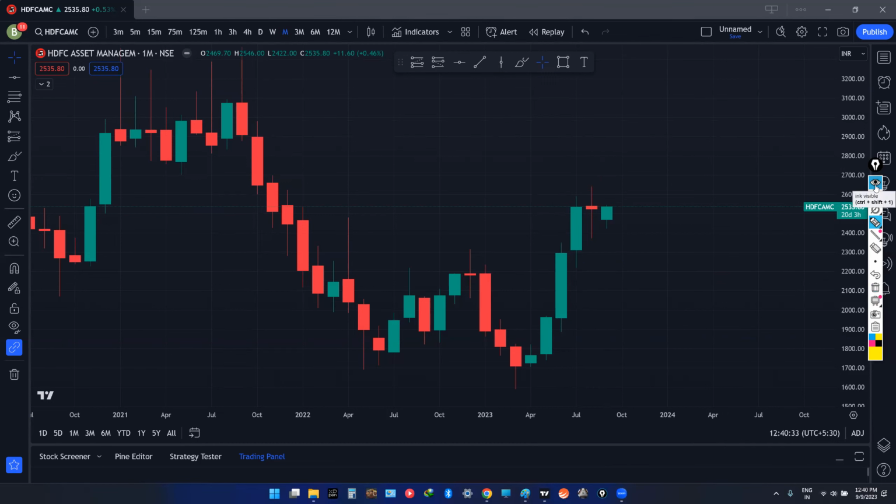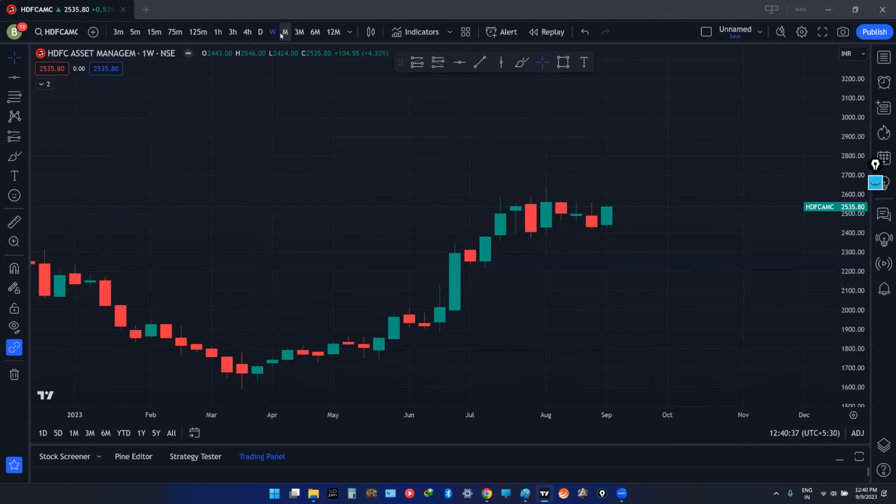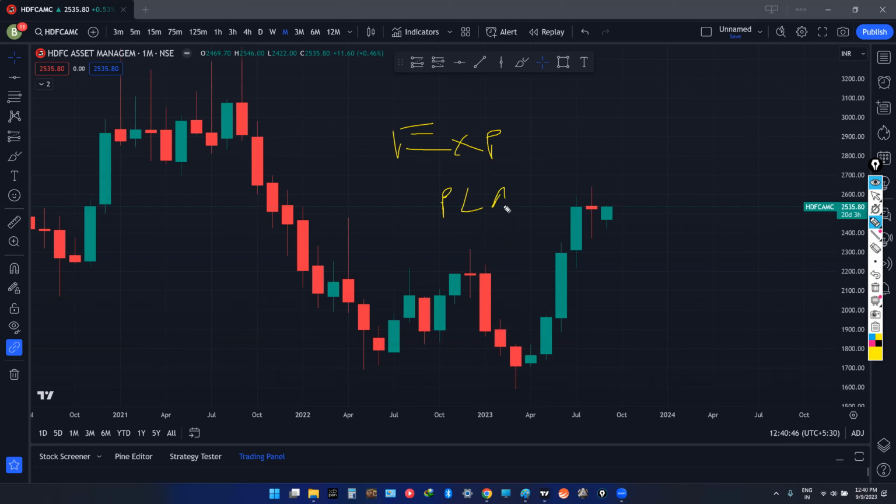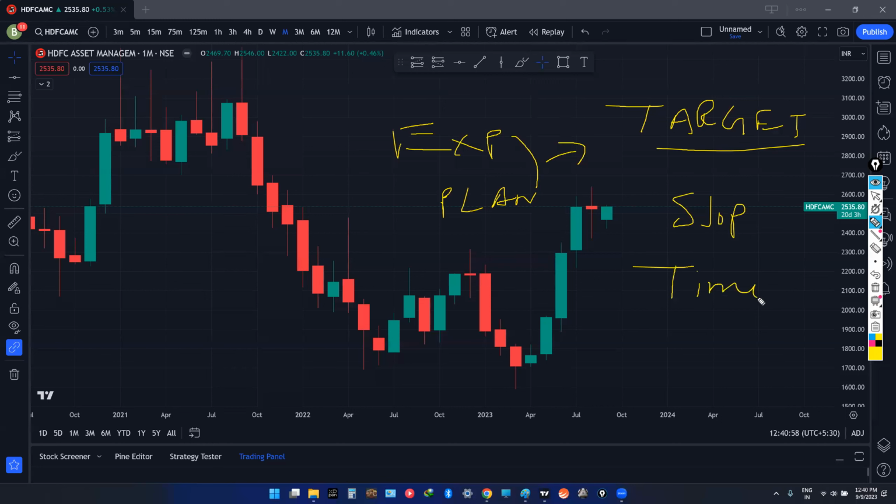See, monthly chart is showing something different, and if I go to weekly, it is showing something different. So here is the point where you should understand what should be your expectation, what should be your plan. In expectation and plan, what does come? The target comes in, the stop losses come in, and your time expectation comes in. What is the time frame in which you expect you will get your profits?